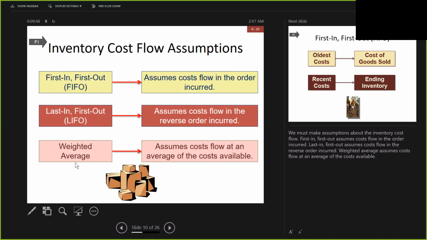Because when would you ever sell that old milk if you keep taking out the newest milk that was received? So it's an awkward way to look at things if you look at the physical products, but there are some very effective reasons why you may want to keep your books according to LIFO, and you can. And then weighted average assumes the cost flow at the average of the costs available, which makes sense. That one absolutely makes sense too.